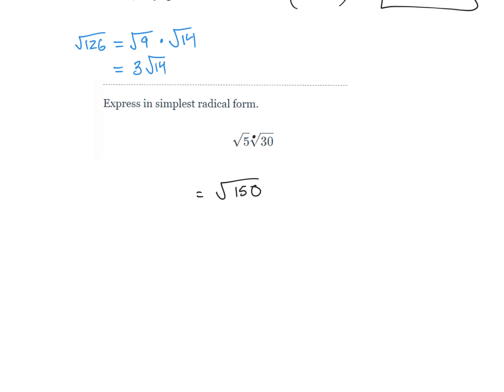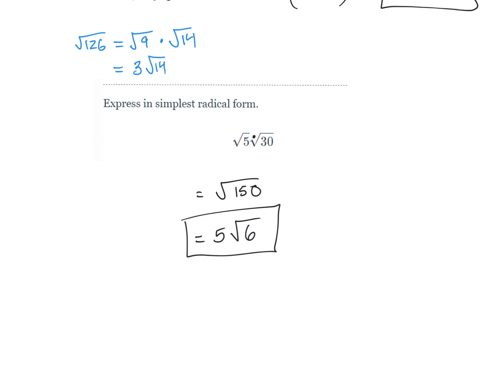Okay, so we multiplied. Now it's a matter of simplifying to the simplest radical form. And I remember doing this like yesterday or something. I believe it's 5 square root of 6. But simplifying radicals shouldn't be something new today, just understanding when to multiply.